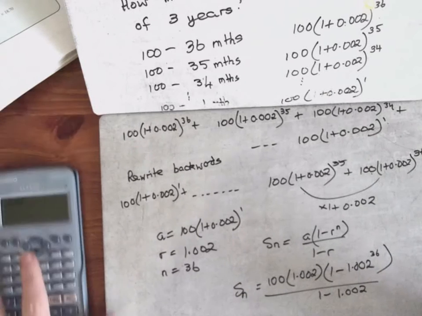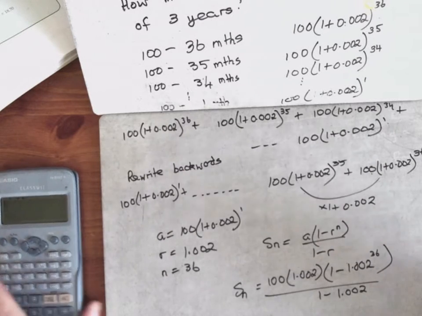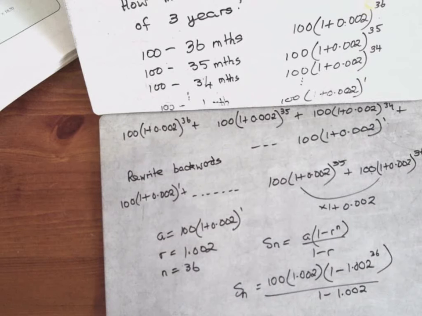Into the calculator with that, and you'll find out how much is in your savings. So we go 100, bracket, 1.002 to the power of 36.